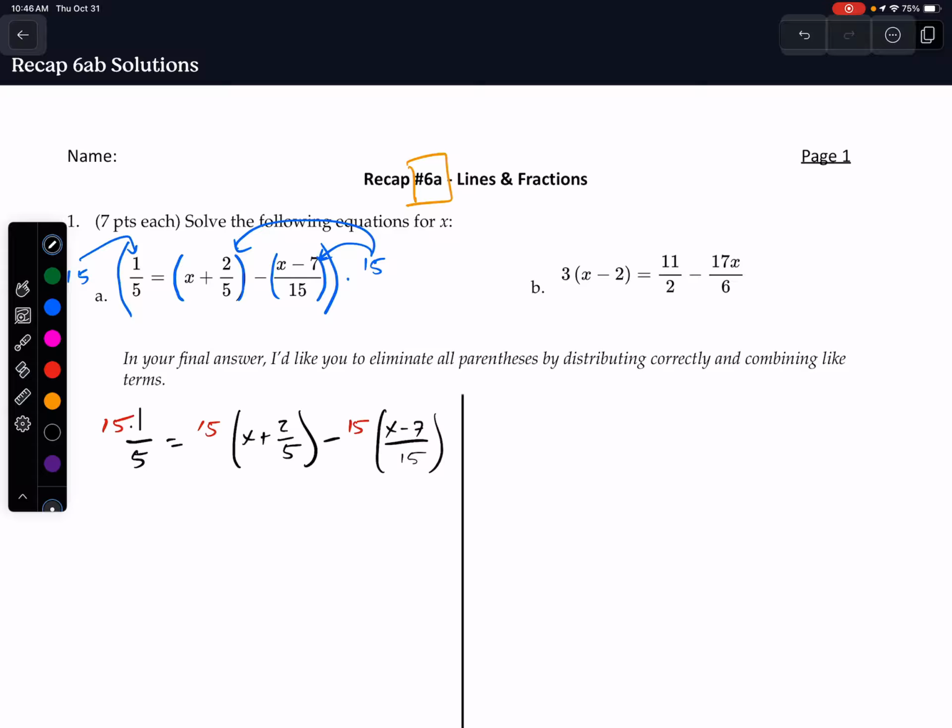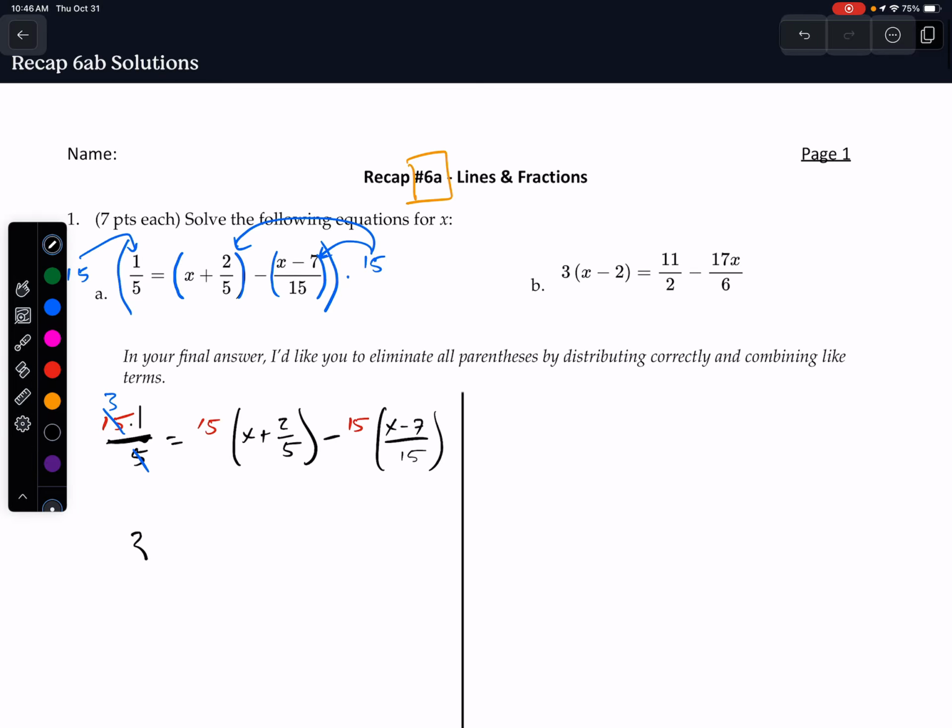So in the cases where I have the 15 on the top and the bottom of the fraction, like here, I can see that 5 is going to divide into 15 3 times, so my result there is just going to be 3.